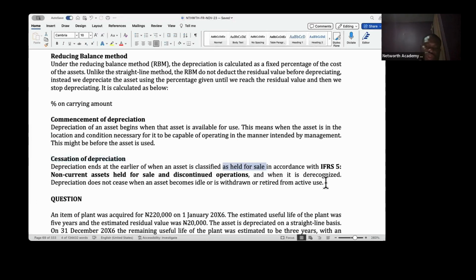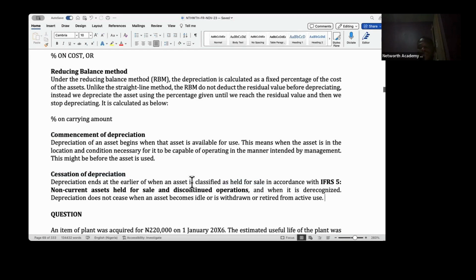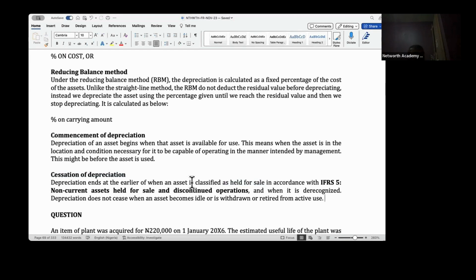So you should stop depreciation, or where probably you're not using it again. It's just idle there. Stop depreciation at that stage. Okay, so that is it around depreciation. So let's solve few questions to understand the intricacies of depreciation.